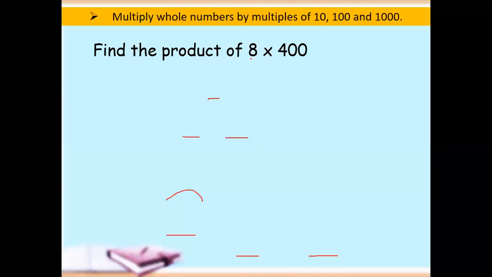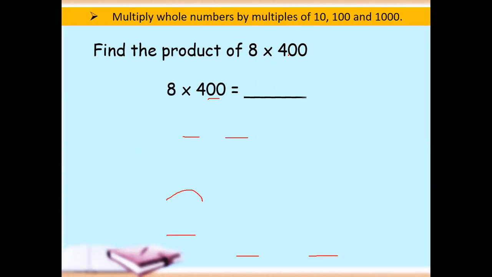Find the product of 8 times 400. So, this is the same as, you can do 8 times 4. Which number do we have two zeros in? It's 100. So this is like multiplying 8 times 4 times 100. And what is 8 times 4?